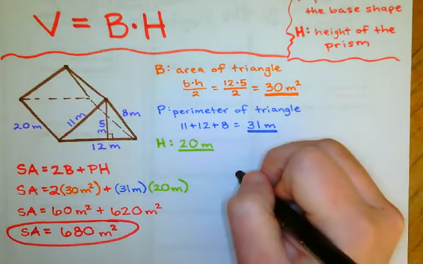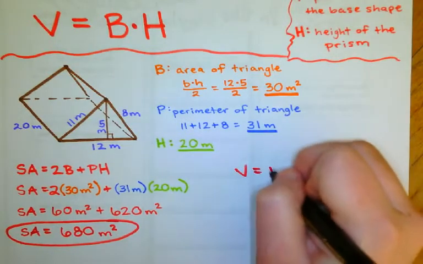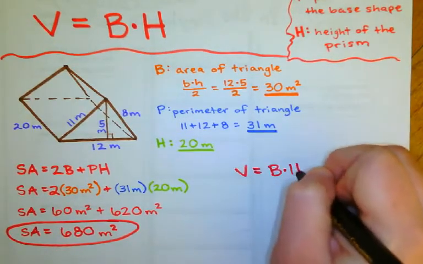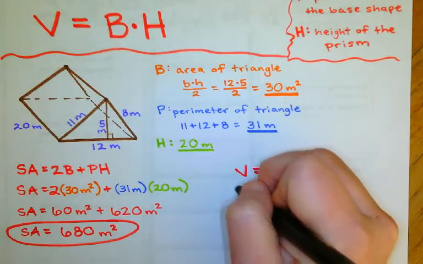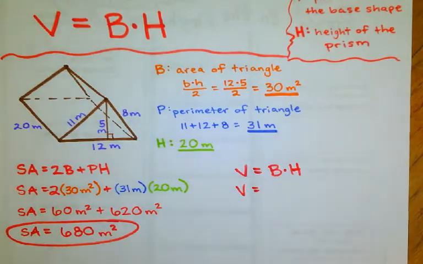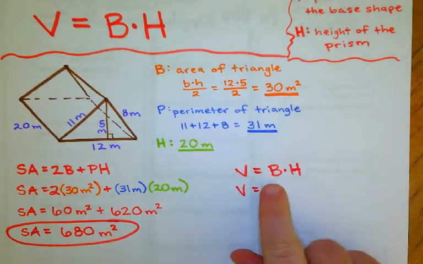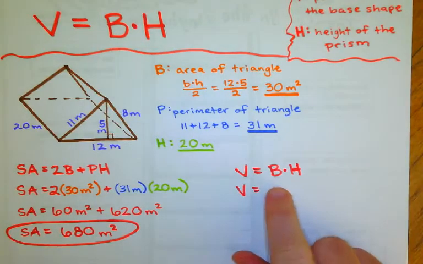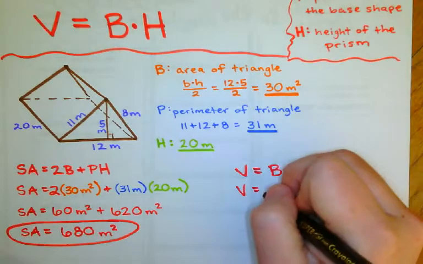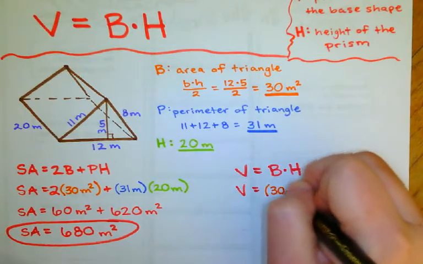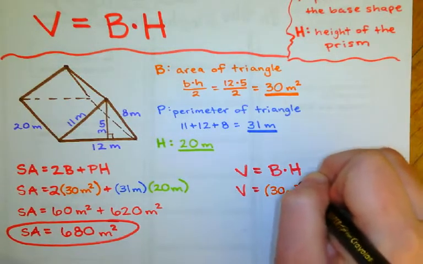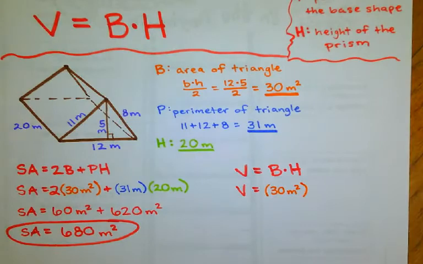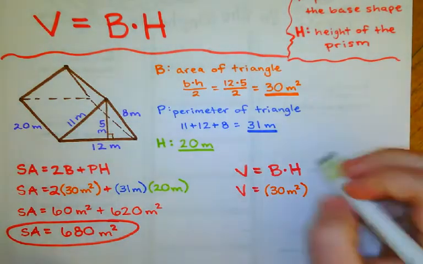For our volume, remember, it's capital B times capital H. So we're going to plug these numbers in. Capital B was 30 meters squared. And then capital H was our 20 meters.